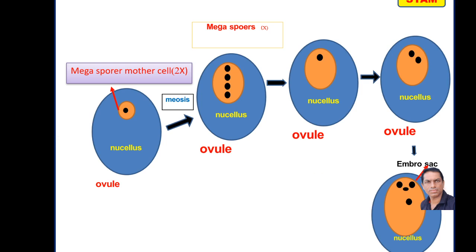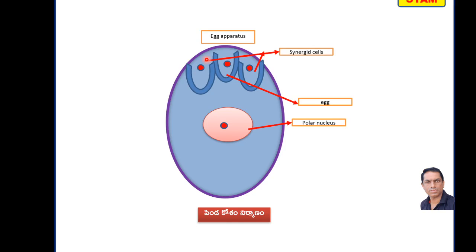In the micropylar quadrant, one nucleus migrates downward and reaches the middle of the embryo sac. The three cells towards the micropylar side form cell walls and act as the egg apparatus. The middle cell of the egg apparatus is called the egg. On either side of the egg, two synergid cells are present.